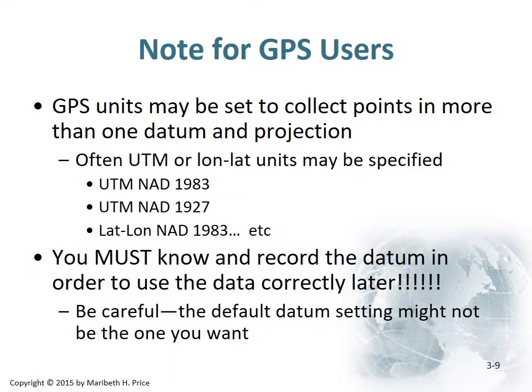You have information that really can't be used for anything. It wasn't recorded properly. And any decent scientist is not going to touch that information with anything. We're not going to go there. So it's imperative that you, as a GPS user, know your unit, know how it works, know what it's recording information in, and be diligent about that.